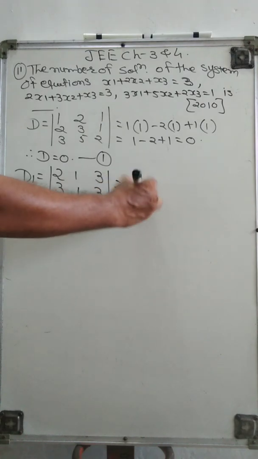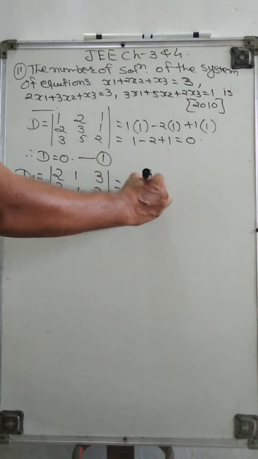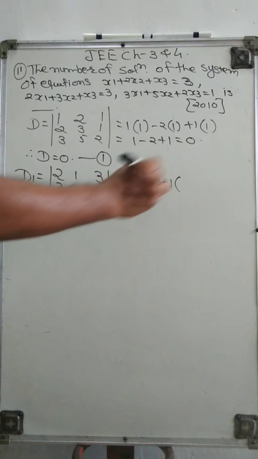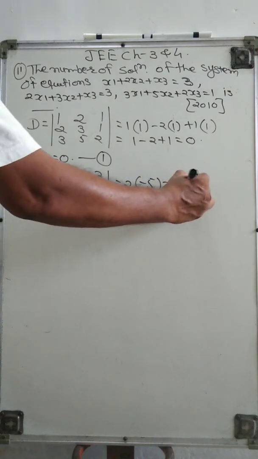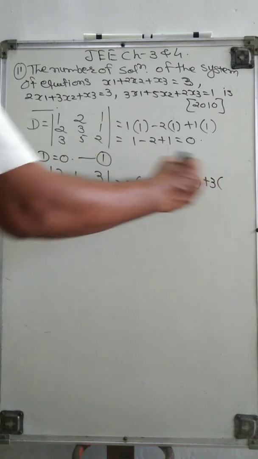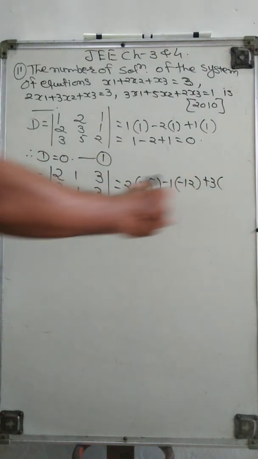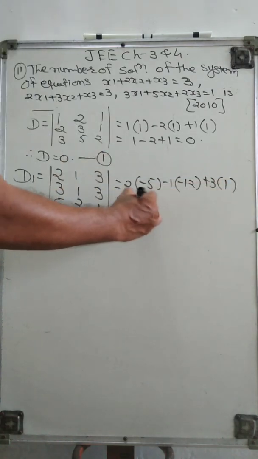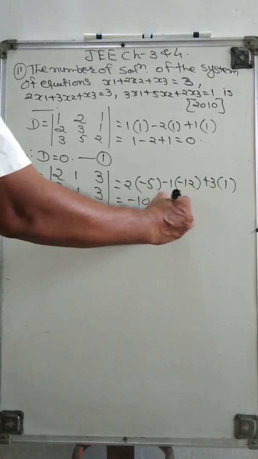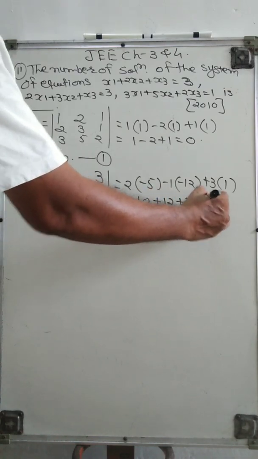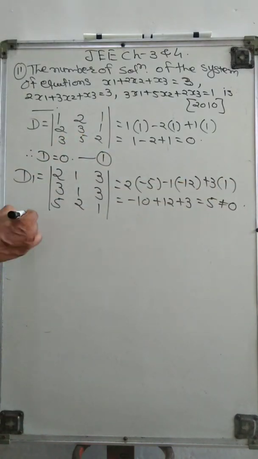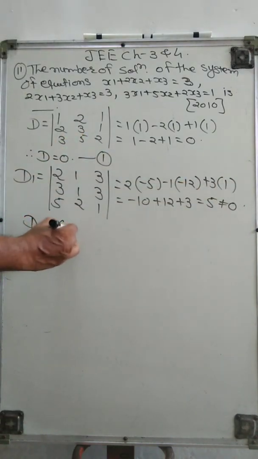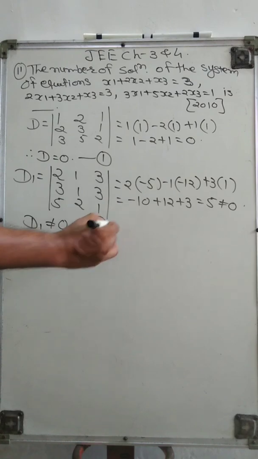When you simplify, you get minus 5, minus 1 and 3 times (6 minus 5), that is 1 minus 10 plus 12 plus 3, which is equal to 5. It is not equal to 0. So here D1 is not equal to 0.